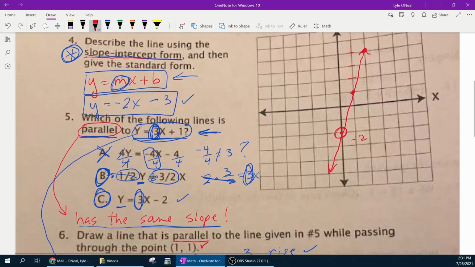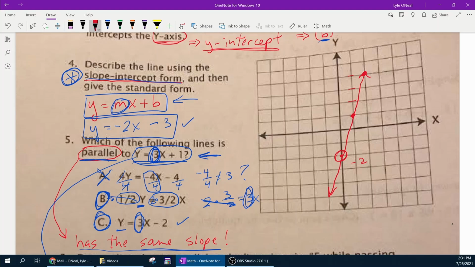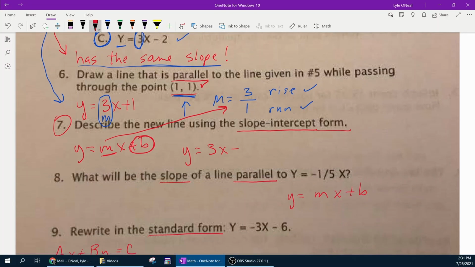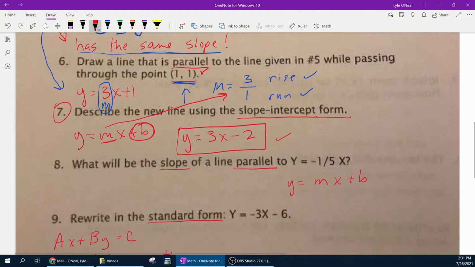Well, remember that b is the y-intercept, which we just found to be -2. And then we can finish writing our equation just like that. Y equals mx plus b, y equals 3x minus 2. That is our line we just graphed in slope-intercept form.